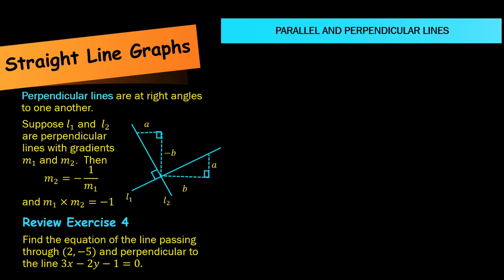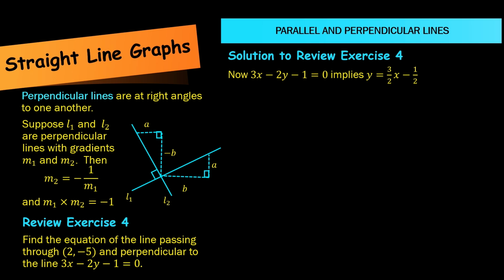Find the equation of the line passing through (2, -5) and perpendicular to the line 3x minus 2y minus 1 equals 0. Now 3x minus 2y minus 1 equals 0 implies that y equals 3/2 x minus a half.